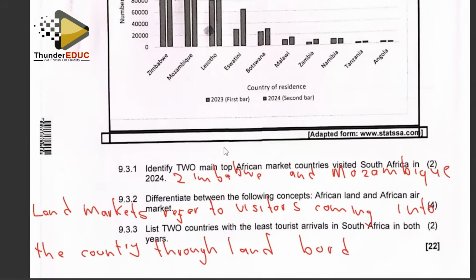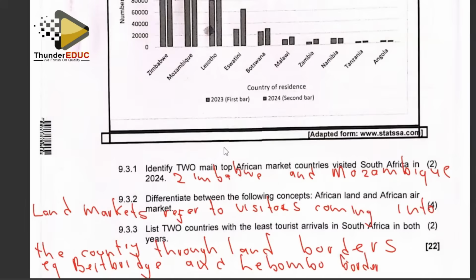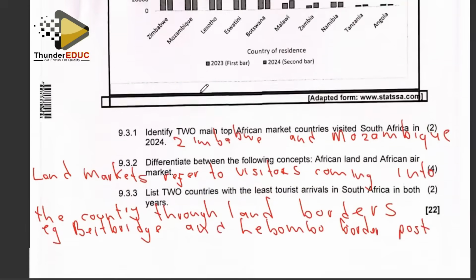These are people who are coming into the country through land borders. Examples are Beit Bridge for Zimbabwe, and Lebombo border post for Mozambique. So those are considered to be land markets.